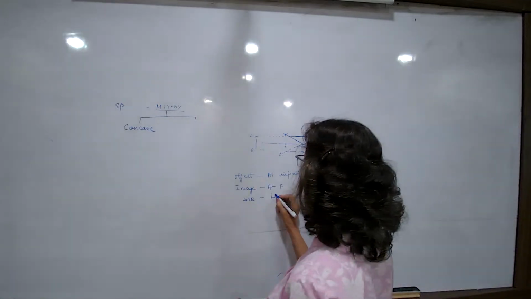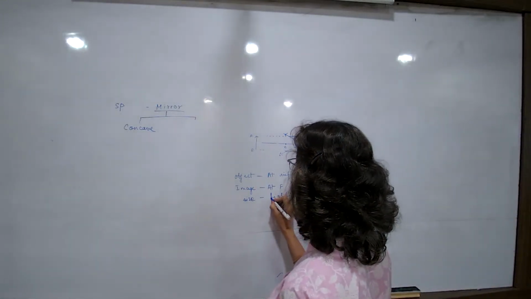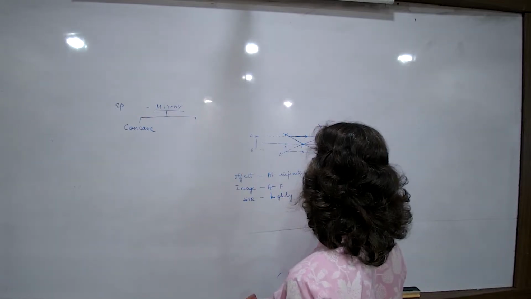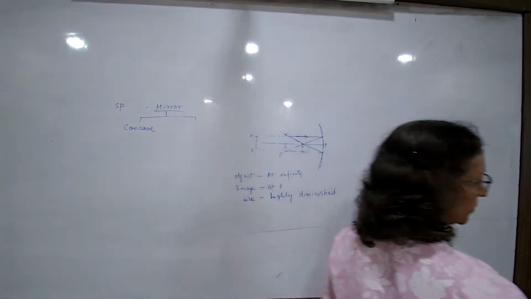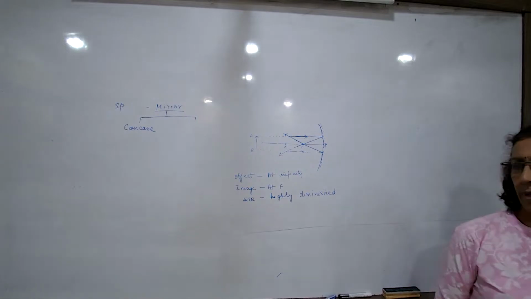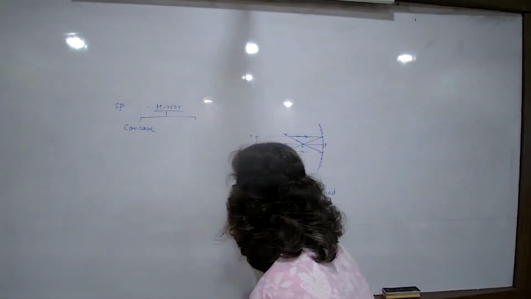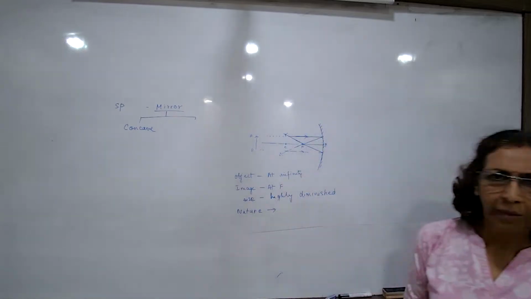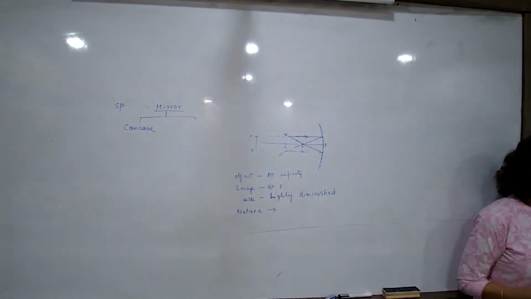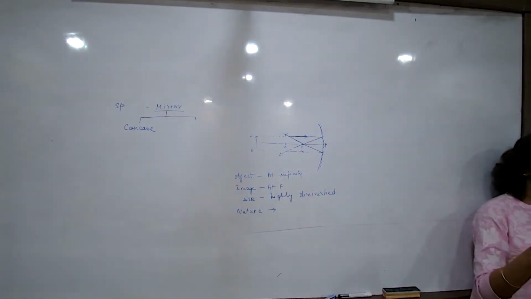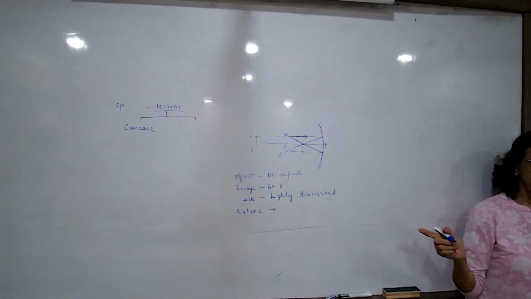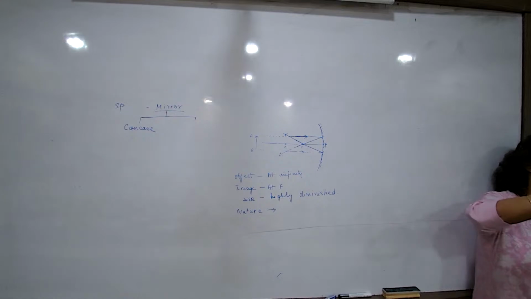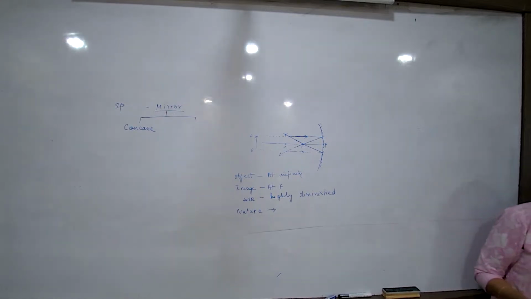Size is highly diminished. And we'll also write down about the nature. Okay, did the paper burn? Yes. So it is a real image. Whenever we have a real image, it is always going to be inverted. So it is real and inverted.